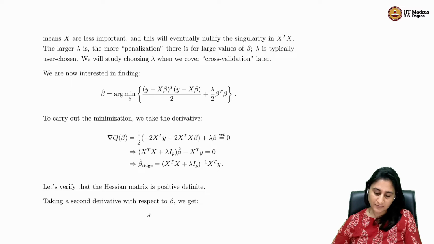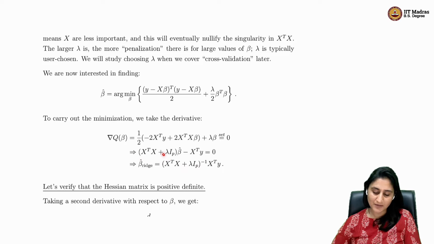Now, once I set that to 0 and solve this, this 2 gets cancelled. And I see that there's a beta here and a beta here. So what I can do is couple this x transpose x beta plus lambda beta term. But x transpose x is a p by p matrix, and lambda is just one scalar quantity. So when I pull this beta hat outside, this becomes x transpose x plus lambda IP.